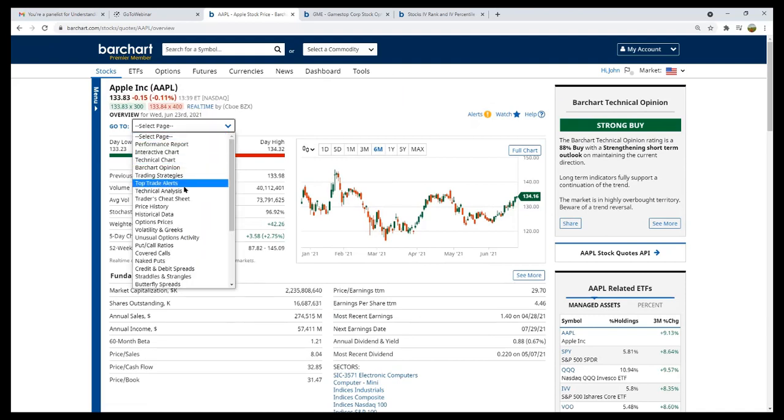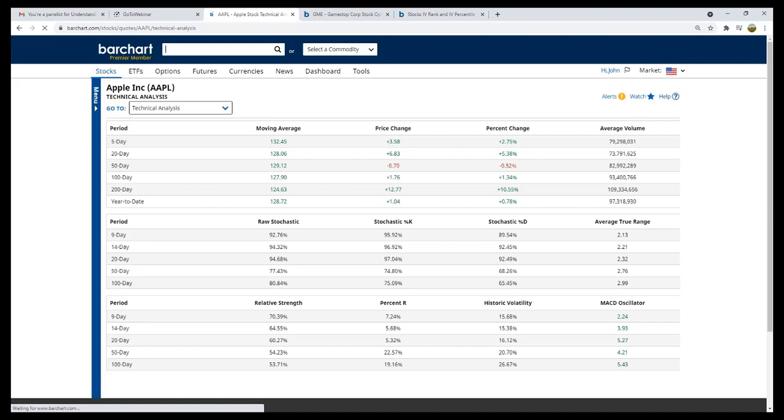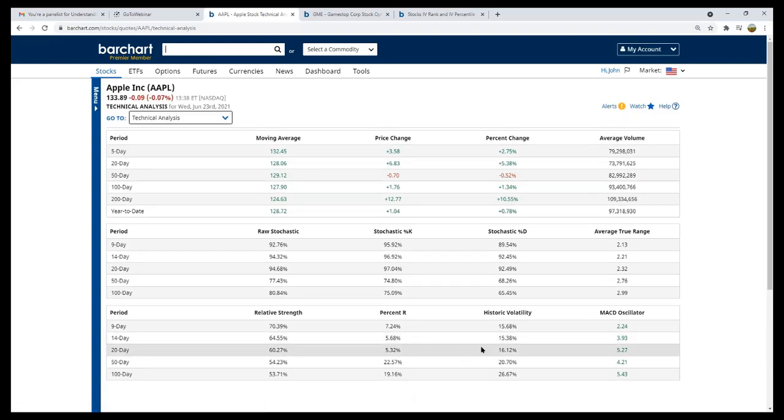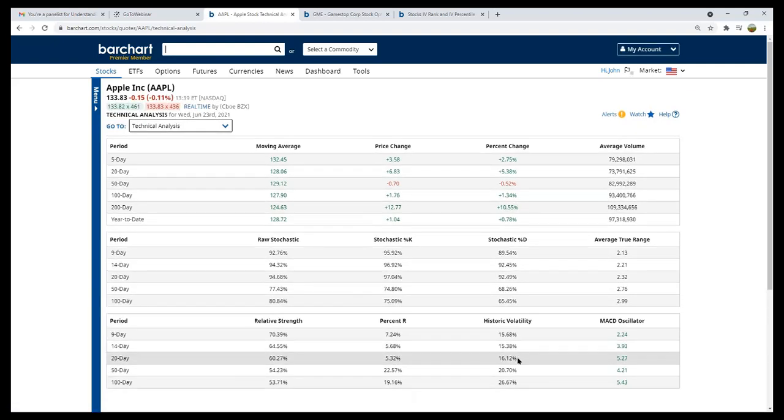The overview page gives us a historical based on a 20-day historical volatility. So that's why we see the implied volatility for Apple today above the options overview historical volatility, because it's only showing us the 20-day volatility, right?